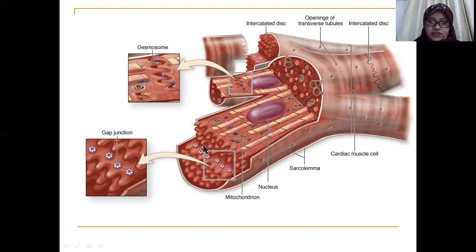These are gap junctions, which are present in the longitudinal region, and these are desmosomes.